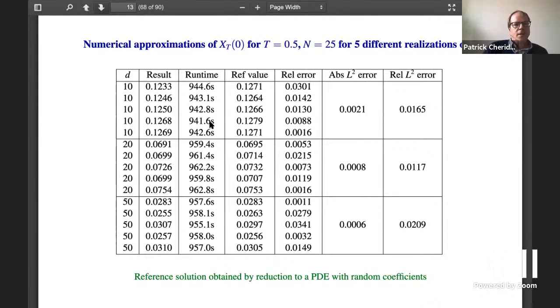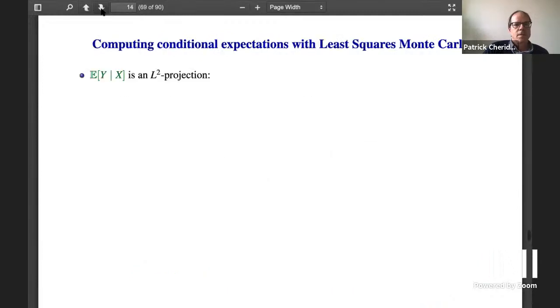Okay, and so what you see here is, in each dimension, 5 realizations of the observation process C and the corresponding results, and also the relative errors compared to the reference method are relatively small. Okay, so this was the method, and also some indications that it works well in very high dimensions.